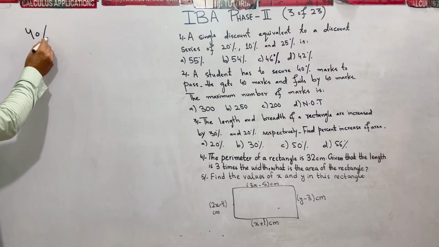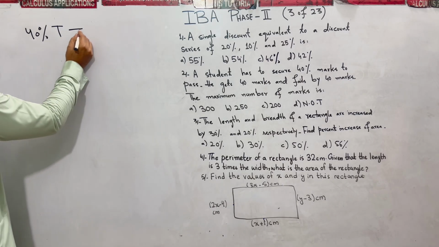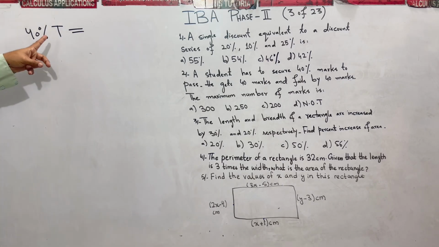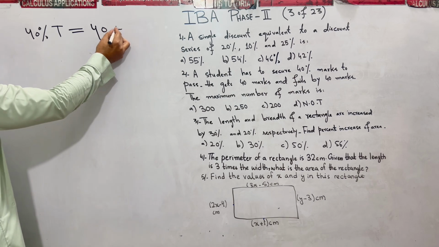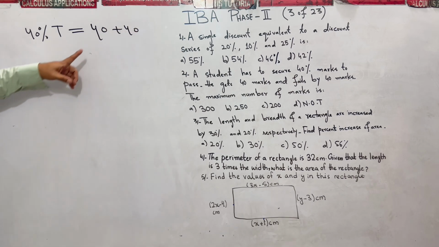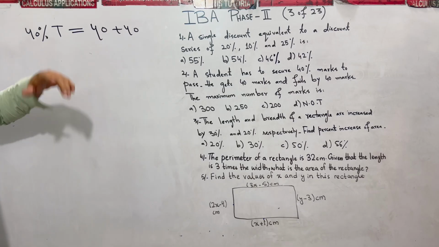40% of the total marks is the criteria to pass the exam. A student has managed 40 and failed by 40. So passing marks are 40 plus 40, that is 80.